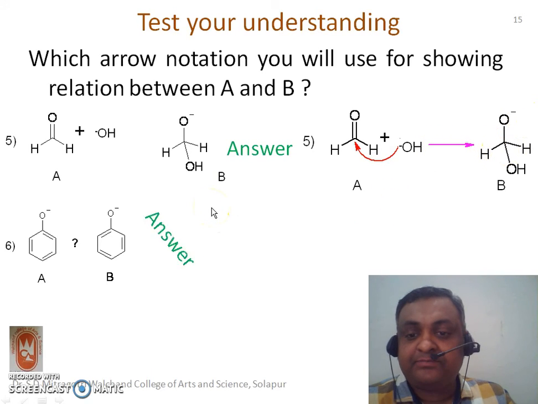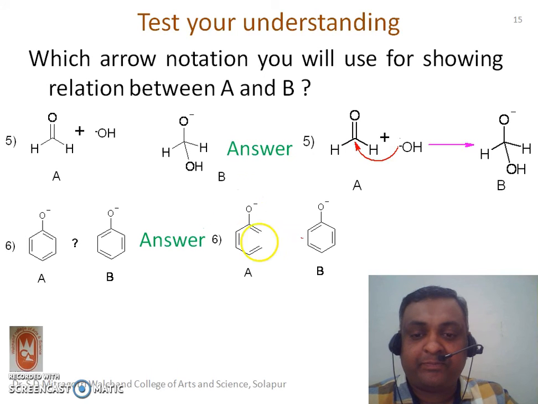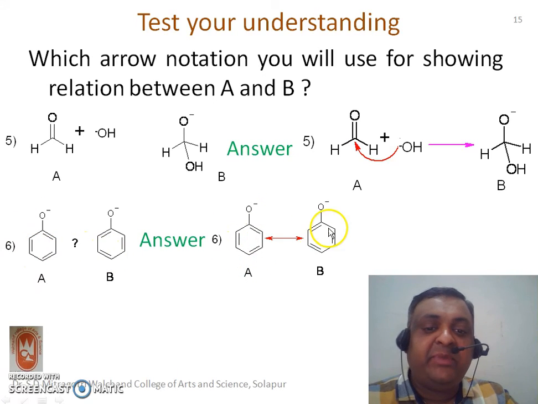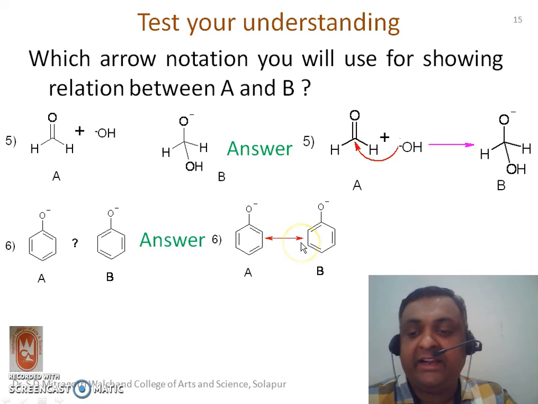The next: what is the relation between A and B? A and B, they are resonance structures of each other. So we know resonance structures are shown with the help of double-headed arrow.